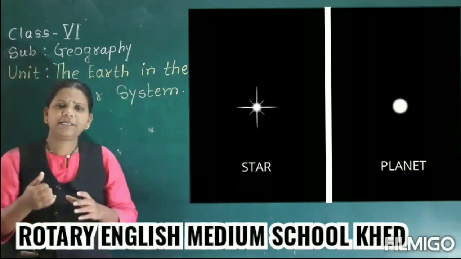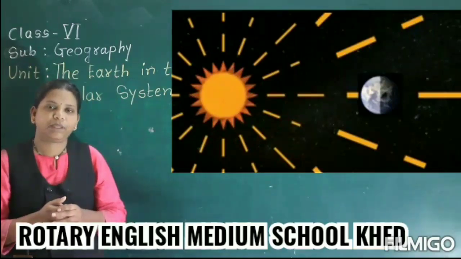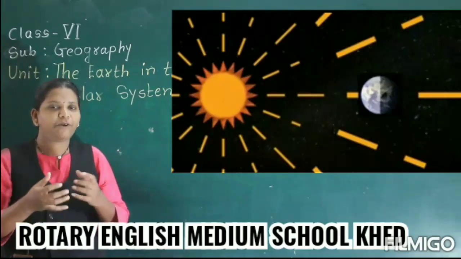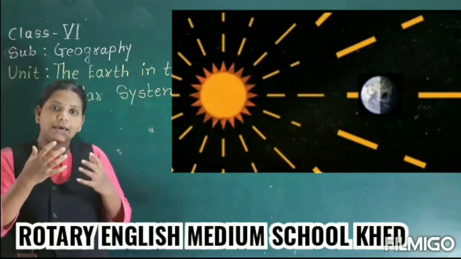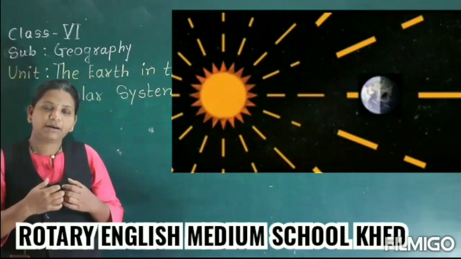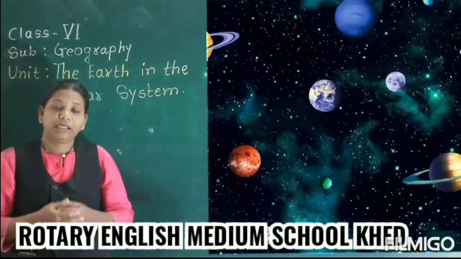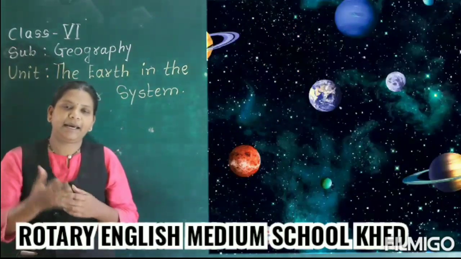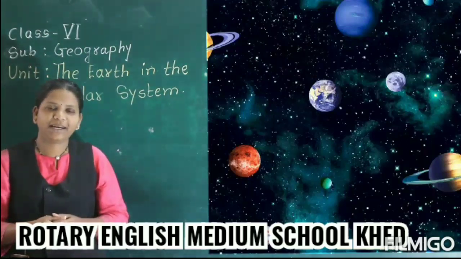Some celestial bodies do not emit their own light. They receive the light from the stars, and we absorb heat from the sun. These are called planets. The word planet is derived from the Greek word planetae. Planetae means the wanderers. Right?